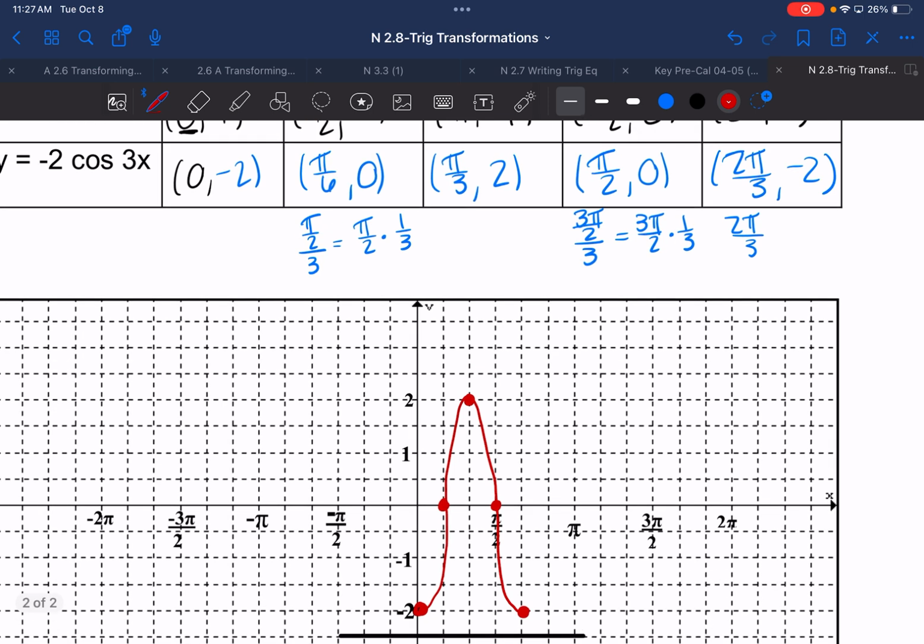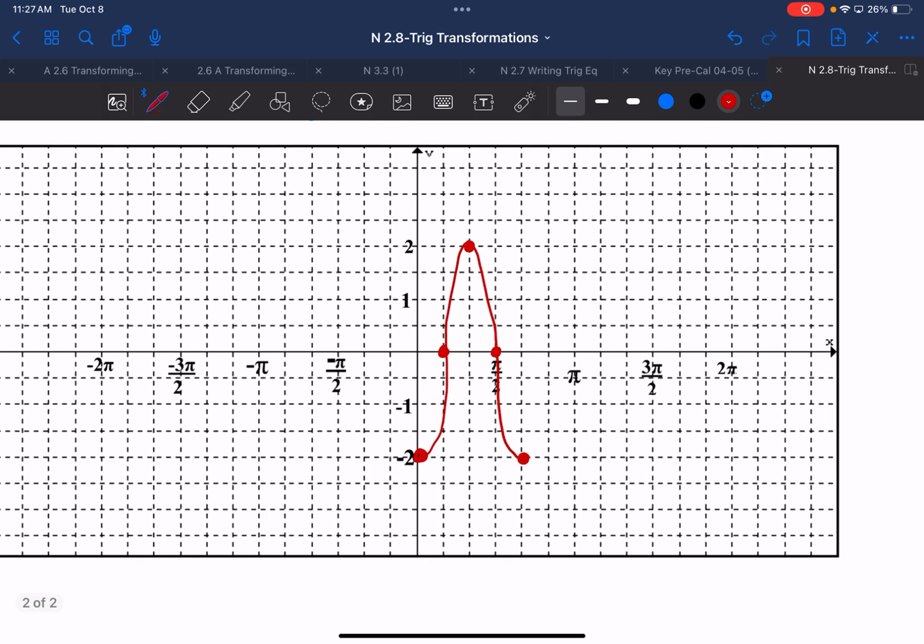And we had a 3 in there that we said was going to squish it all closer together, that compressed it. If I wanted to continue this pattern, I could show that there are more points, and it's just going to continue that same look. But I'm only requiring those 5 unless it tells you to continue to a specific point.